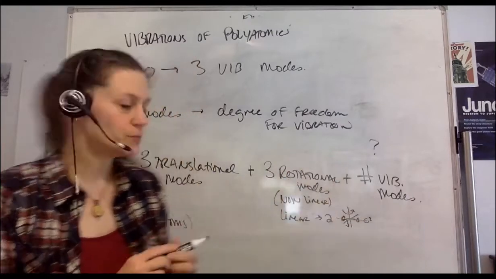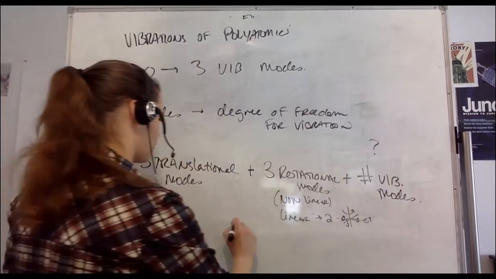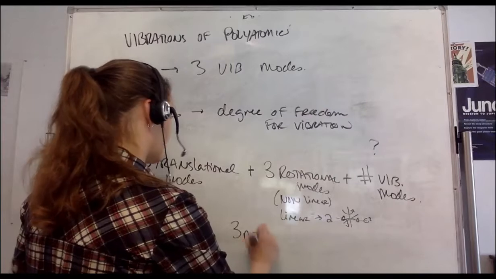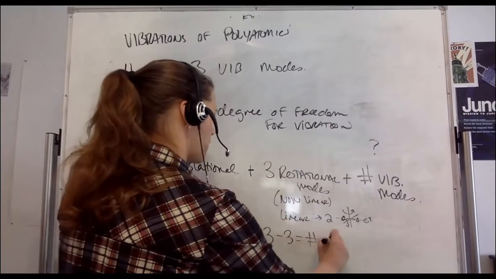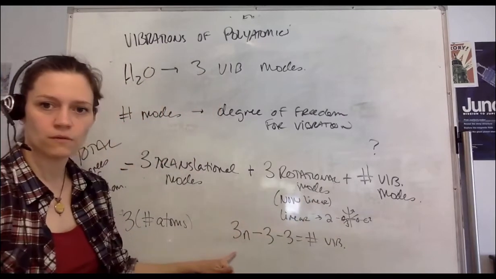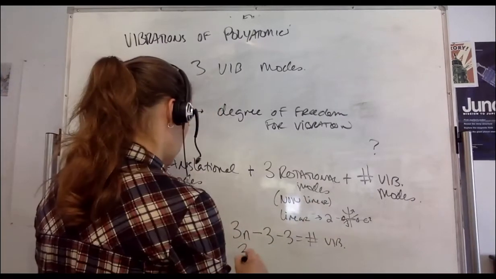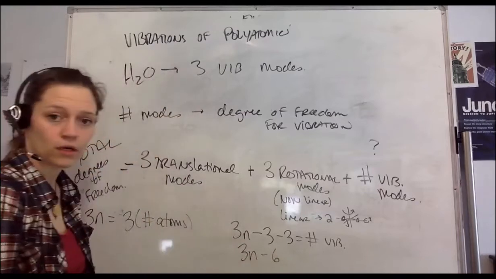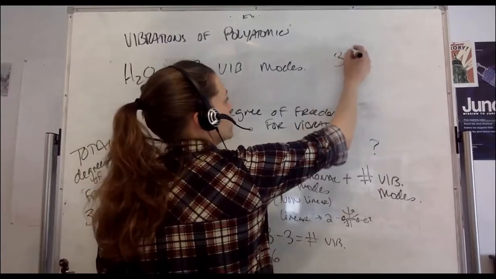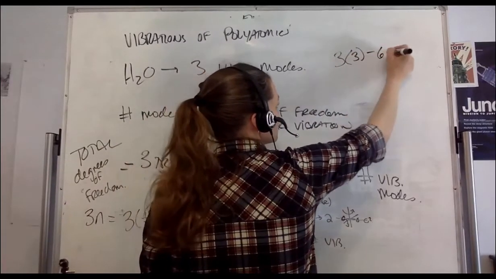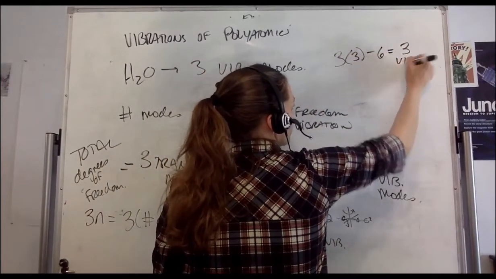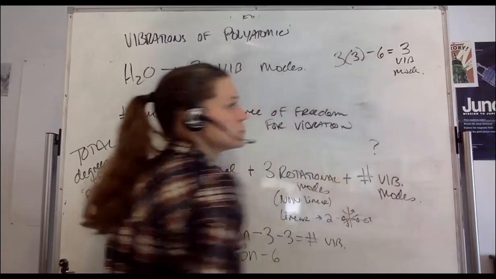But vibrational modes, so you would say 3N minus 3 minus 3 equals the number of vibrations, or 3N minus 6. So for water, we have 3 times 3 minus 6 equals 3 vibrational modes.